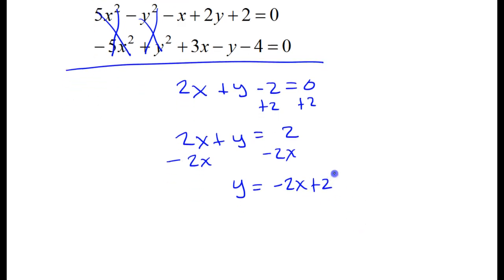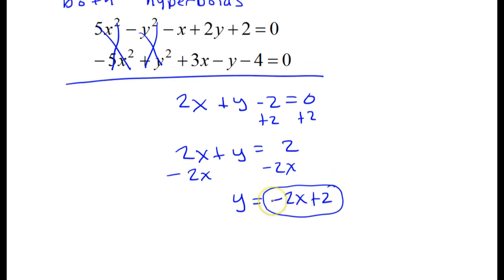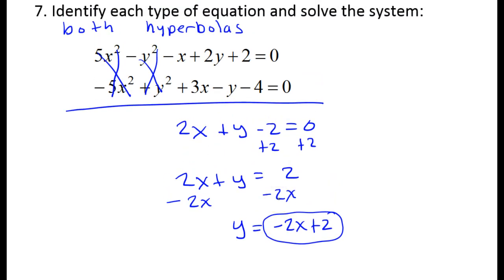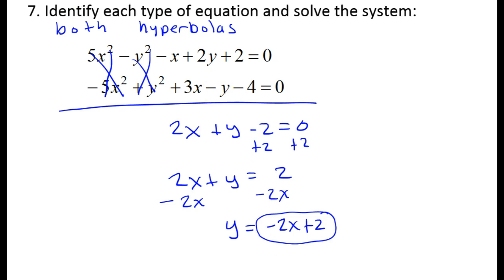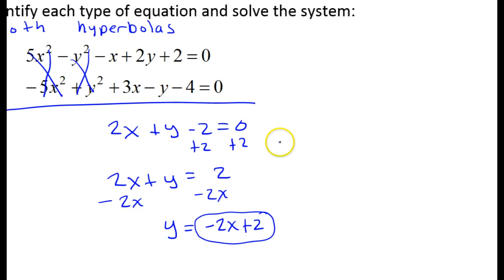That's great. That gives me something that I can substitute into one of the original equations. I think I'll just use the first equation. They actually both look equally complicated to me, so I might as well just pick the first equation I see.